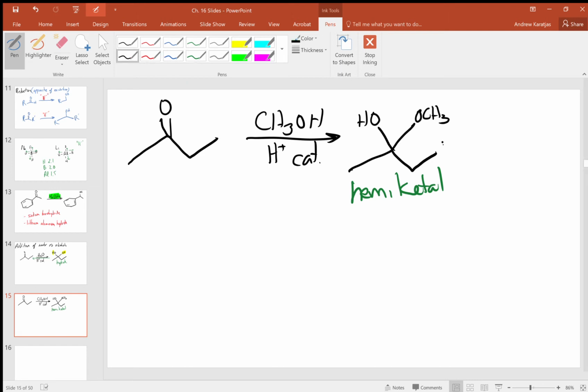And then sometimes this reaction will happen a second time. Now, what determines for this reaction whether it goes all the way to the ketal, stops halfway at the hemiketal, or decides it likes the starting material better and stays at the carbonyl?